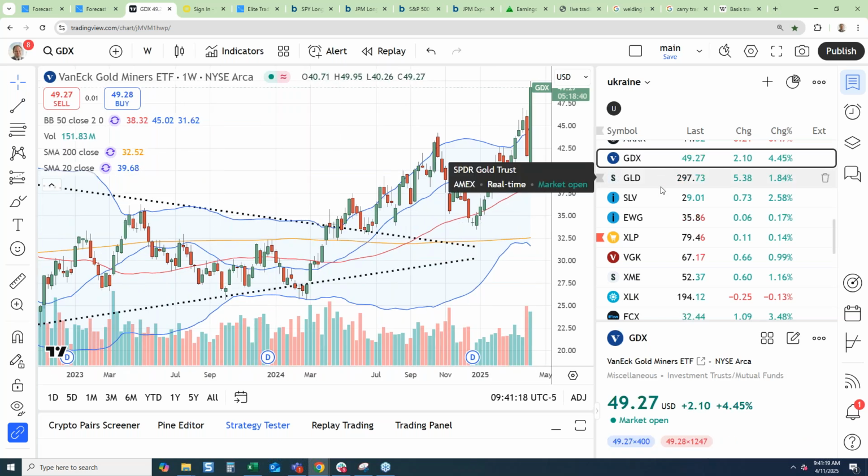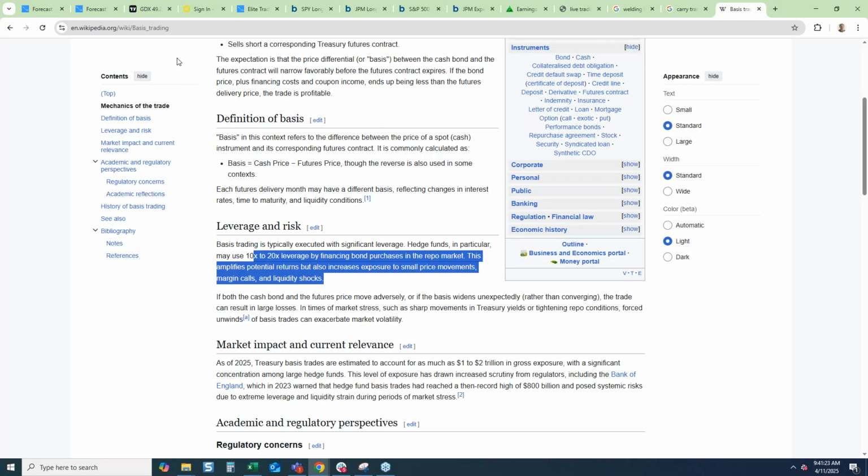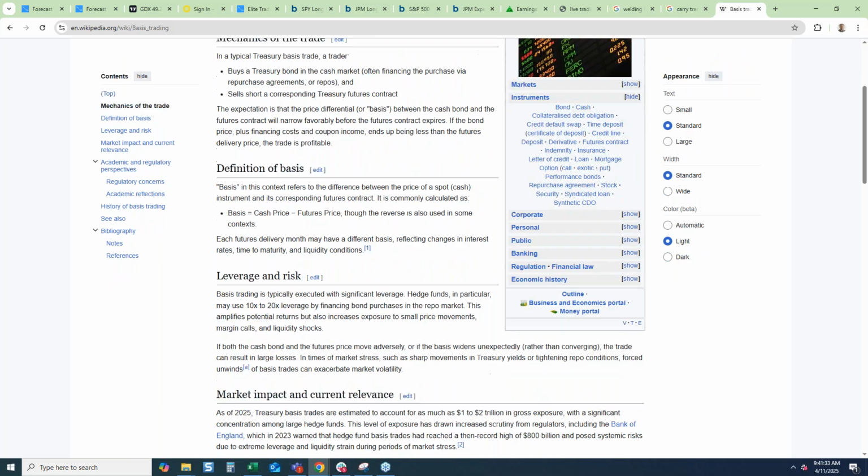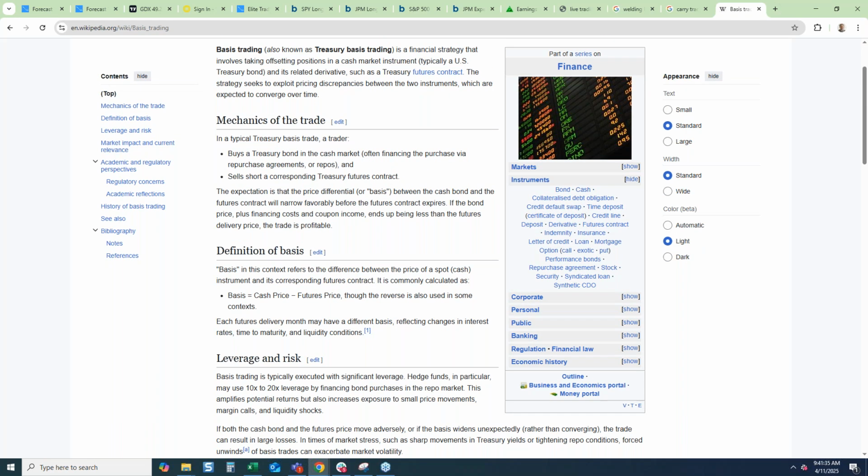So that's the traditional technical asset classes, and that's why this basis trading, right, has been headline news in the market. This is one of those very leveraged bets by a lot of institutions and hedge funds, 10 to 20 times leverage. You buy Treasury bonds in the cash market and you sell short Treasury futures.